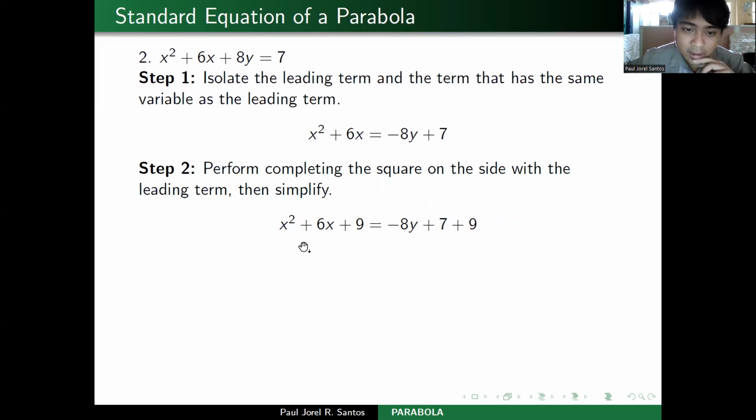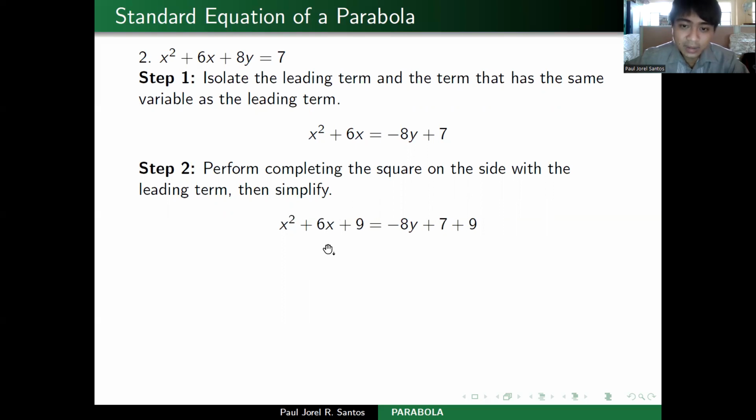And here, on the left side, we need to transform it into its corresponding square of a binomial, because this is a perfect square trinomial. Doing so, we have the square of x plus 3.